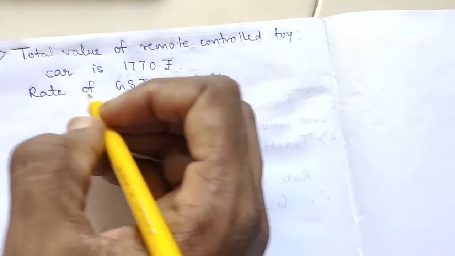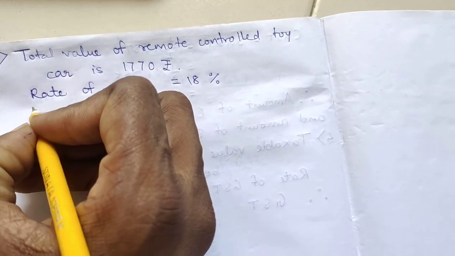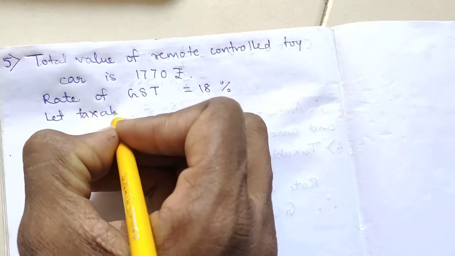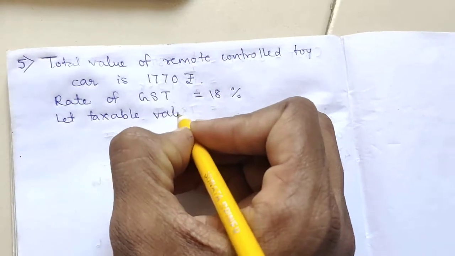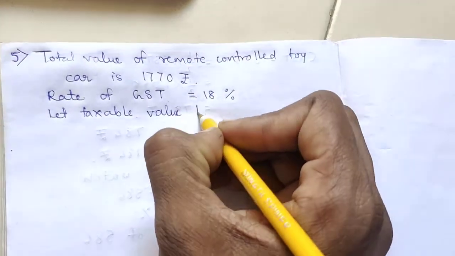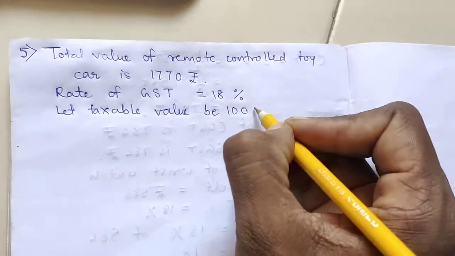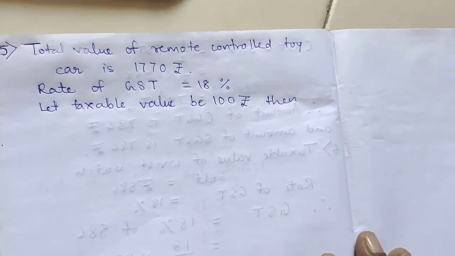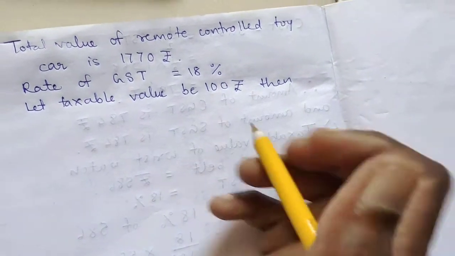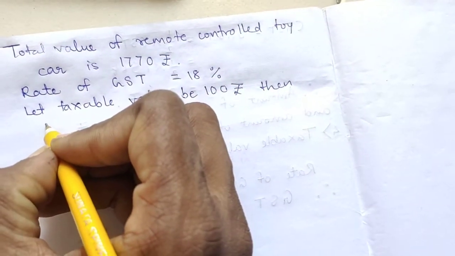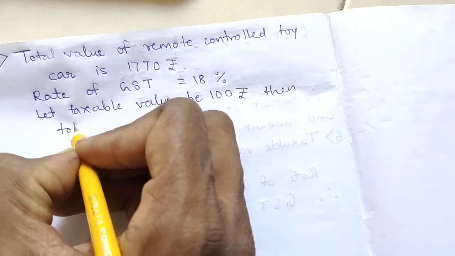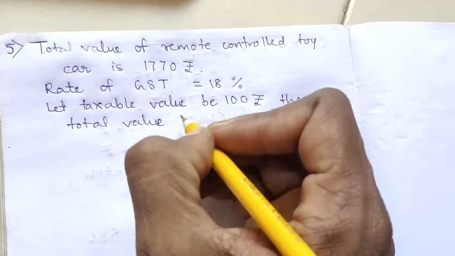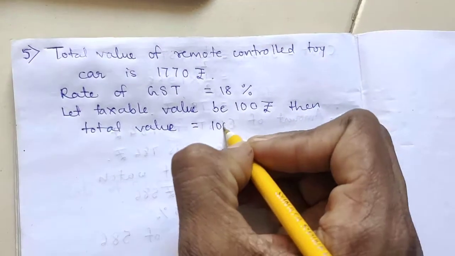Now the rate of GST is this. Suppose, or you can say, let taxable value be 100 rupees. Then if your taxable value is 100 rupees, your total value is equal to 100 plus 18.